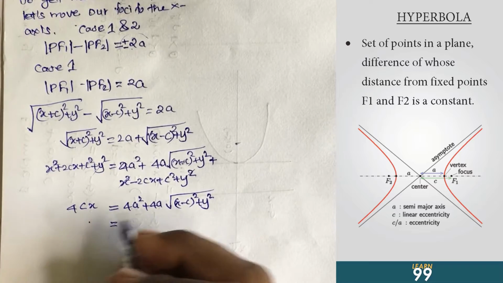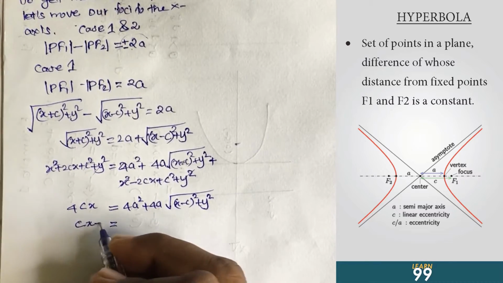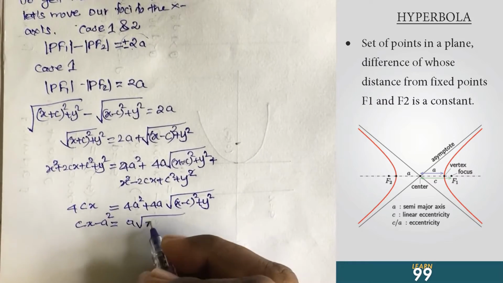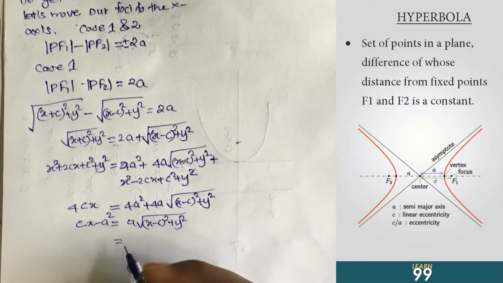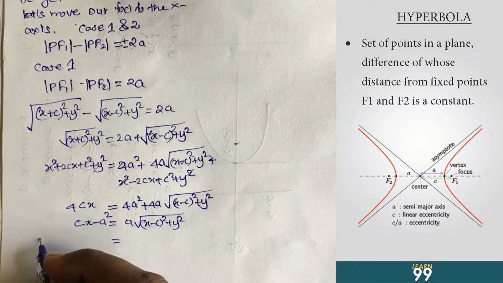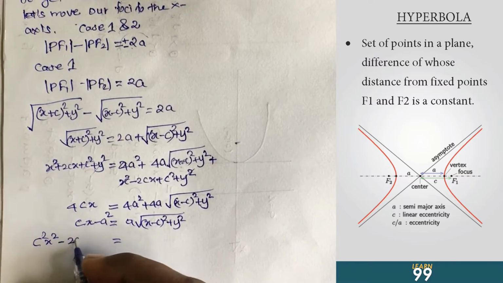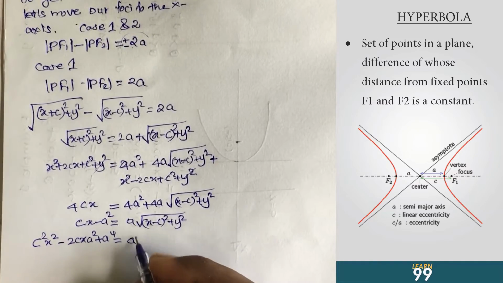Then we can divide both sides by 4, then we will get cx and also other things. Then next step, I take the x term to the left side and make the square root isolated. Then we have to square both sides again.